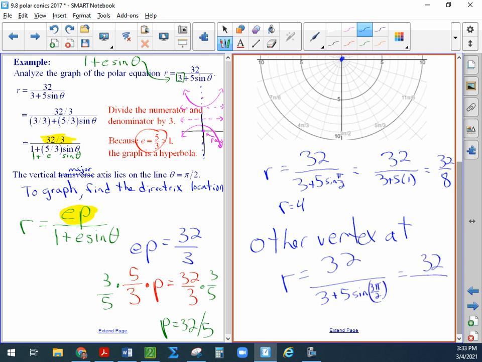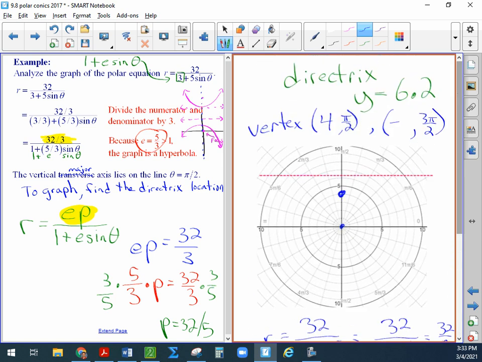So it's 32 over 3 minus 5. 32 over 3 minus 5 is 32 over negative 2, which is negative 16. So if I go to 3 pi over 2, which is down here, I have to go backwards negative 16 units, which doesn't even fit on my graph. It's going to be up by the word directrix somewhere.